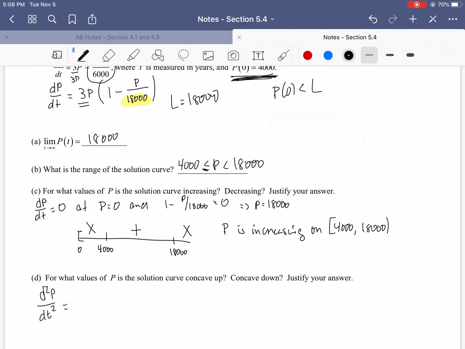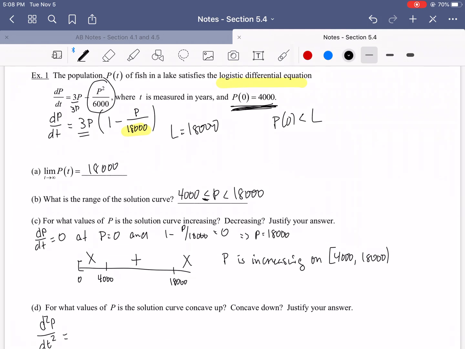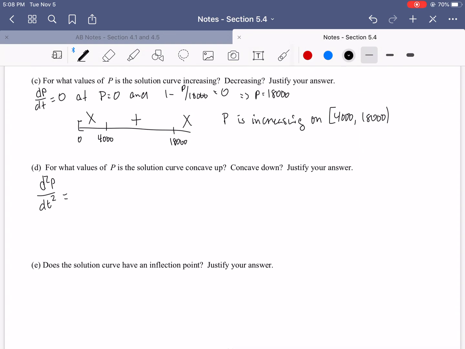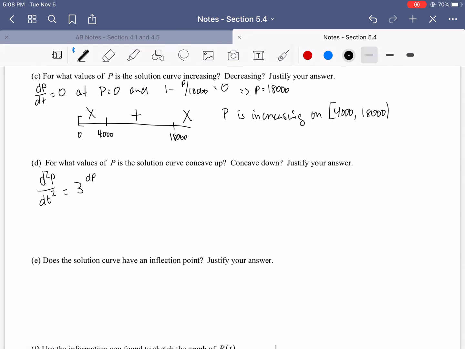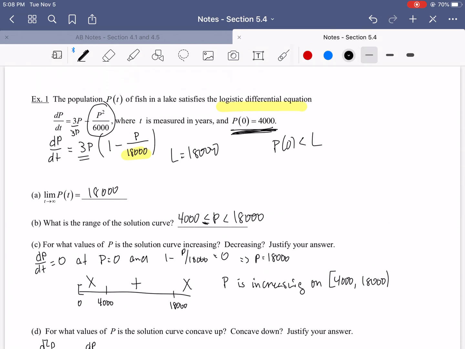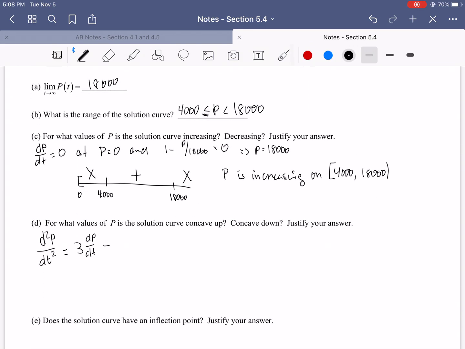And so if I go back up to this original equation, the way it was written on the paper, the derivative of 3p will be 3 times dP/dt, since I'm taking the derivative with respect to time, and then minus 1 over 3,000 times p times dP/dt. Now what I'm going to do is factor out dP/dt to make it a little easier, and that's going to leave me with 3 minus p over 3,000.